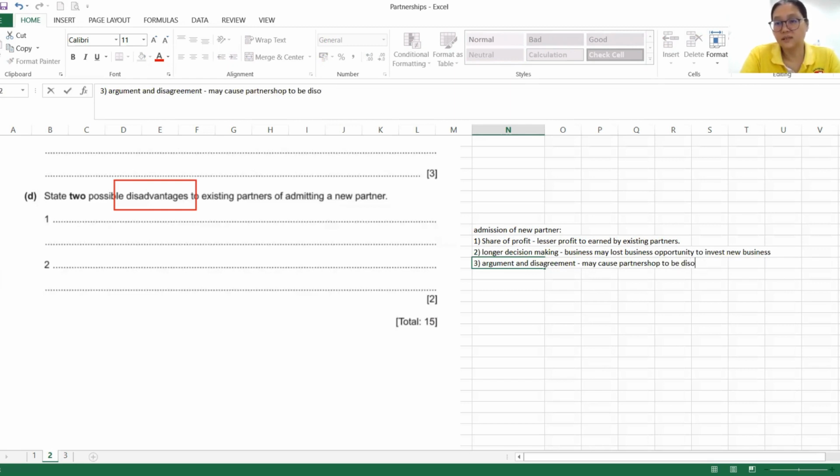So this is a risk when we form a partnership: when all the partners do not agree with each other, they can't proceed with the business, it affects the business, then we have to close down the partnership. So that could be the answer for it. Okay, so we stop here.